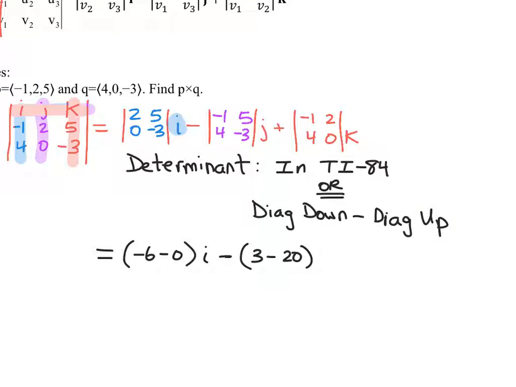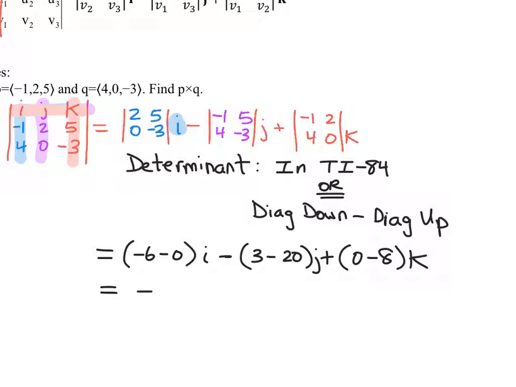Diagonal down is -1 times the -3, which is +3. 4 times 5 is 20, subtract the 2. Plus, diagonal down is 0, minus 8. And that's the K. I missed the J. And there's the K.